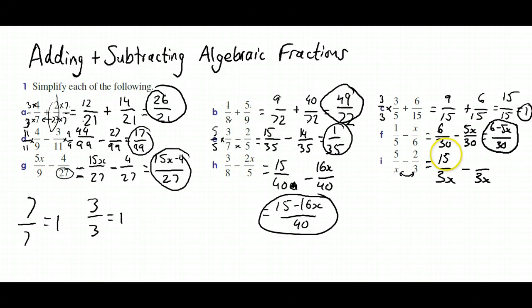So that's going to become 15. And in order to get 3 to become 3x, we had to multiply it by x. So let's do the same to the top. Multiply it by x. We get 2x. Okay, then we've got the common multiple on the bottom, so we can just do a simple subtraction of the top. 15 minus 2x over 3x is the answer to that one.